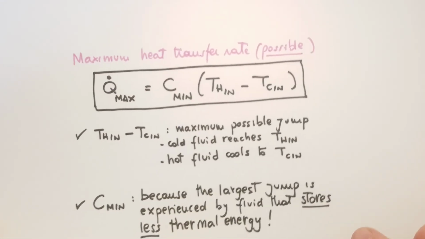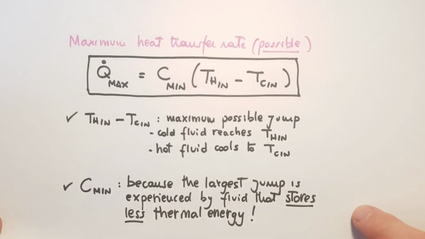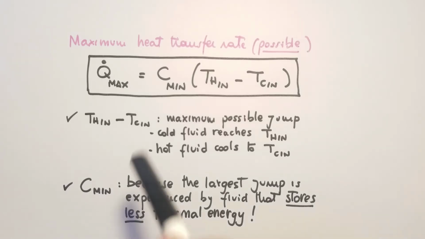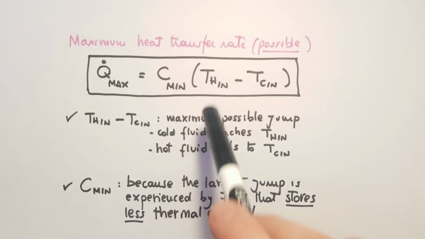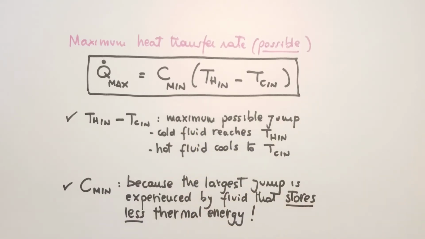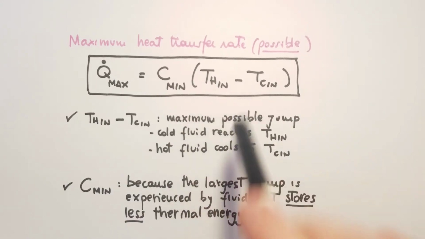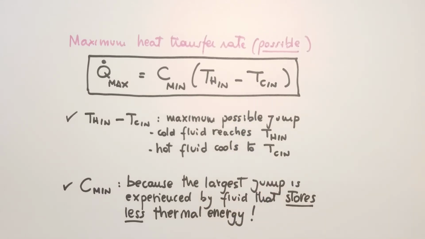The problem now is to find the maximal heat transfer rate that's possible to be exchanged between the two fluids. The Qmax is equal to C min, so the heat capacity, that's the smallest one between the two fluids, times the difference between the two inlet temperatures that are known for our case, so Th in minus Tc in.